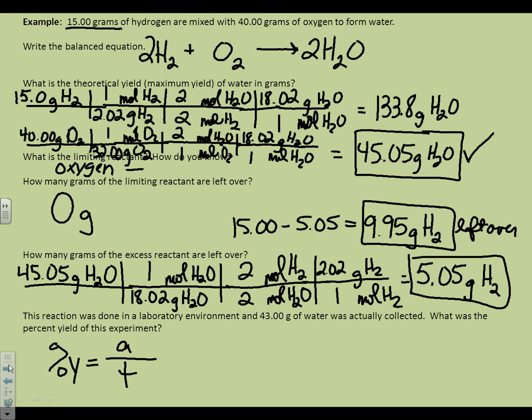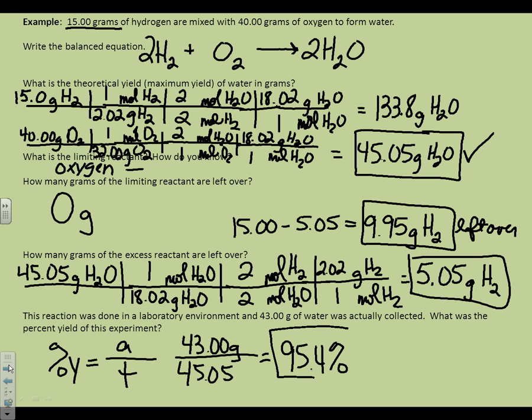I actually produce 43 grams, but theoretically, in my perfect world, I create 45.05. I divide those, and that gives me 95.4%.